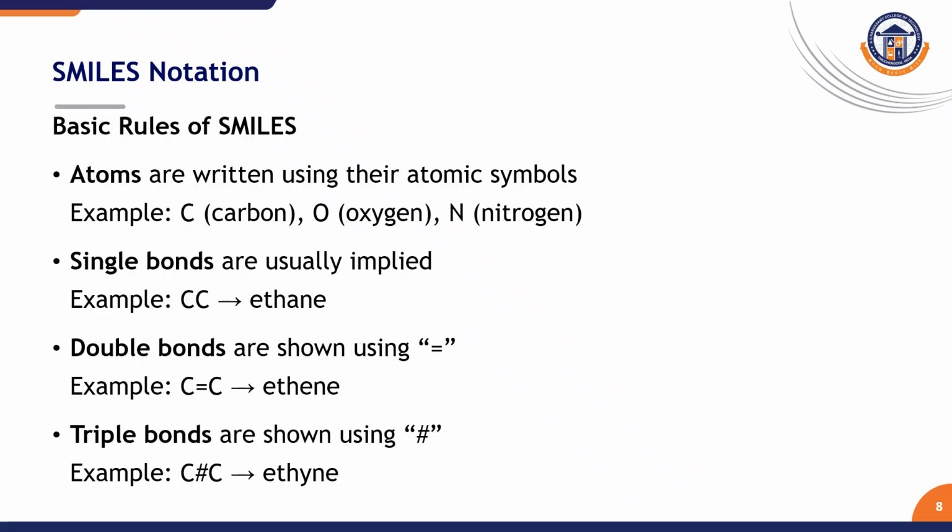Example, for ethane, CC. Double bonds are represented by an equals sign. Example, ethene is C=C. Triple bonds are shown by the hash symbol, ethyne, C#C.